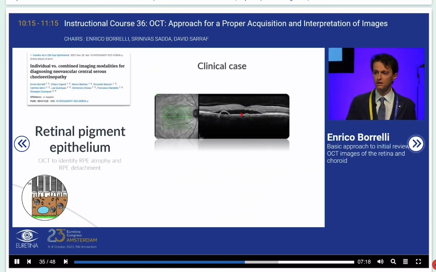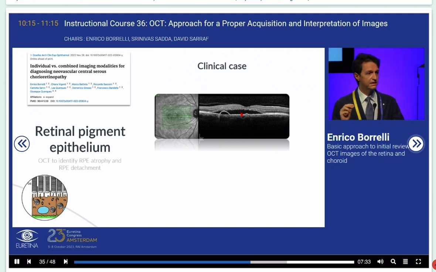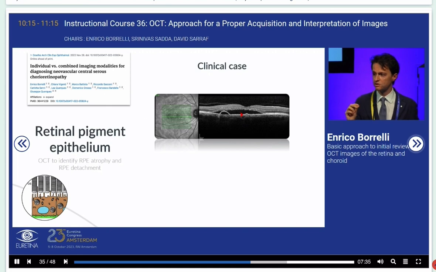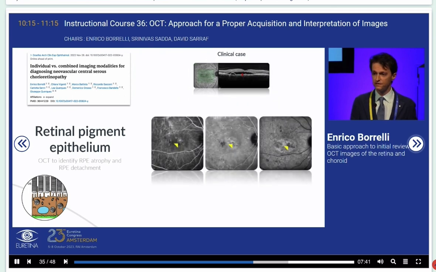When we see a thick double layer sign in patients with central serous chorioretinopathy, there is not that good an association with the presence of a neovascularization. So a thick double layer sign is a good OCT sign associated with the type 1 macular neovascularization in AMD, but this is different in CSC. The sensitivity and the specificity of this OCT sign is lower in patients with central serous chorioretinopathy.